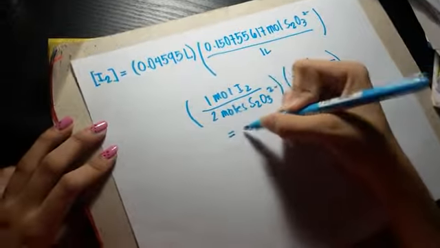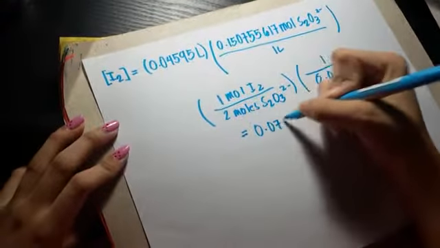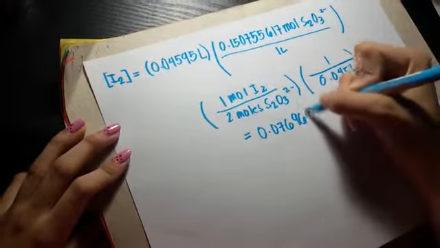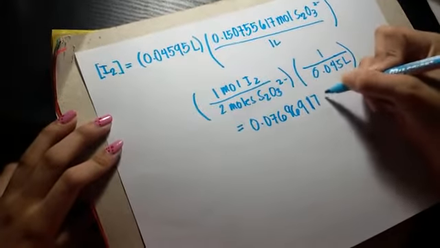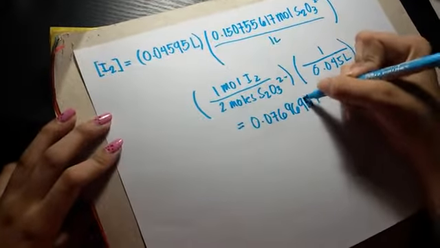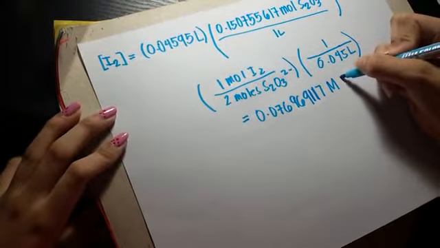From the computation, we can get 0.076969117 M I2.